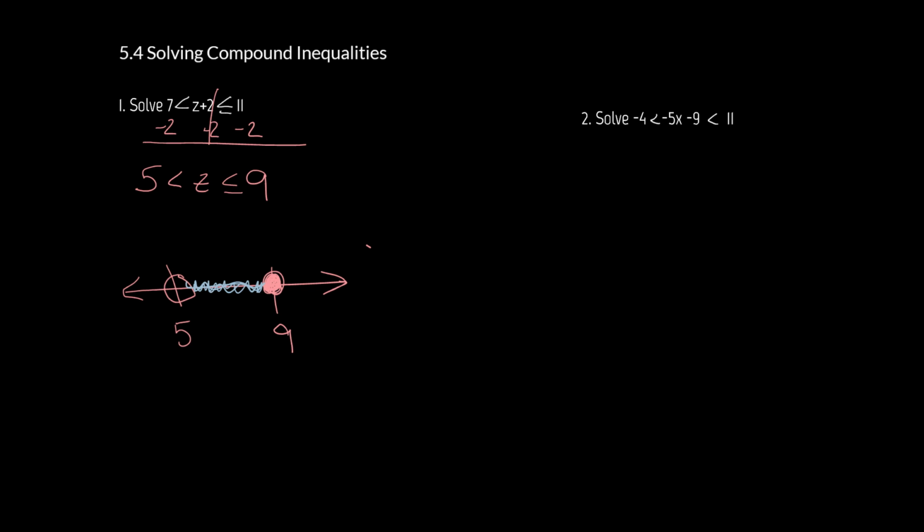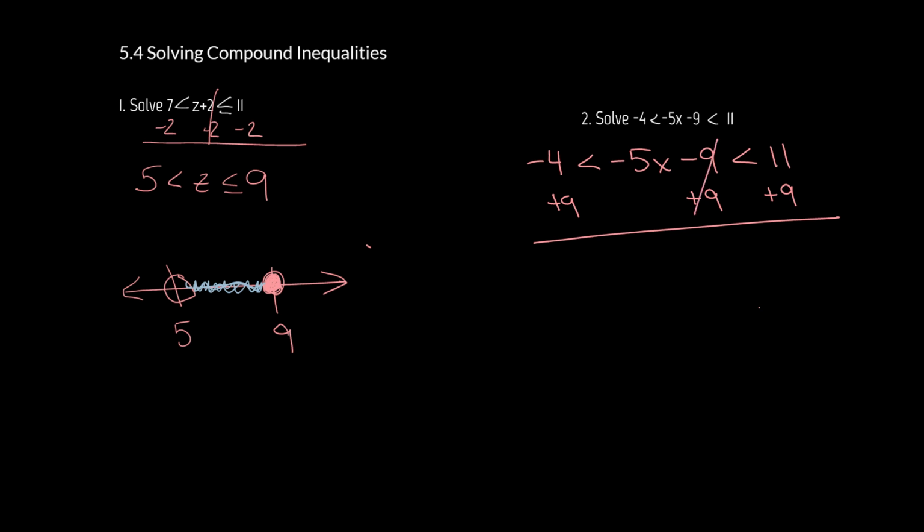All right, I'm going to rewrite this inequality that I have here. I'm going to write -4 is less than -5x minus 9 is less than 11. So again, I'm trying to get the x by itself in the middle. So I'm going to add 9 to both sides first, or all three sides actually.